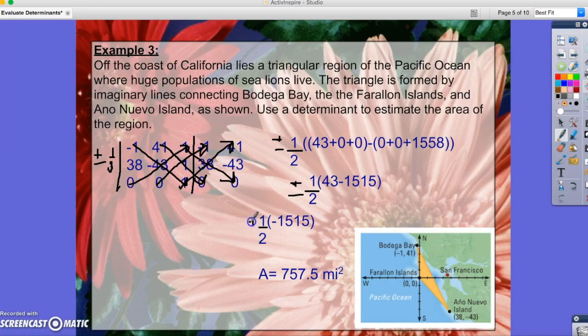That's my answer. Now it's a plus or minus. You see it's a negative, so we want the negative version of it times the negative to get us this answer. So here's a practical application of using a 3 by 3 determinant.